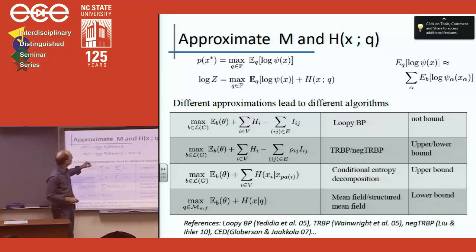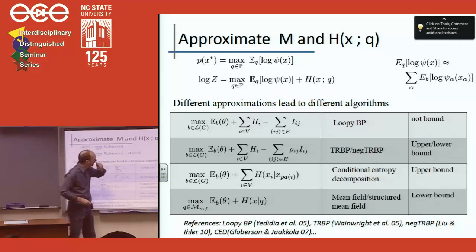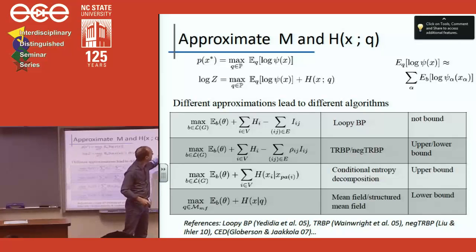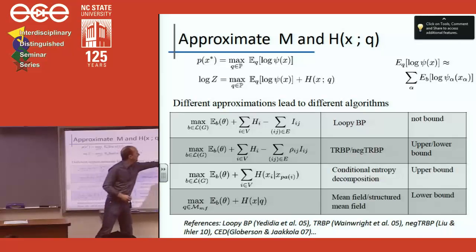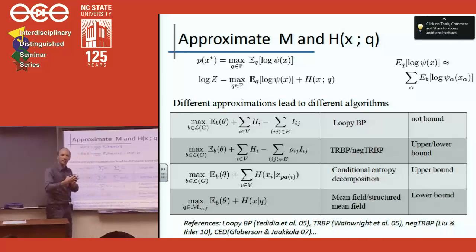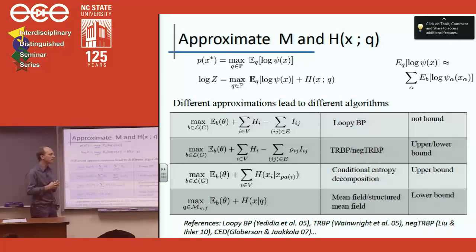So what you can do is, first you can note that this expectation, because this inner part is a product of terms, splits into a sum of expectations. And each of those expectations is only over some small set of variables. So you can think of those as the marginals over the cliques. And then we can approximate each part of this in different ways.